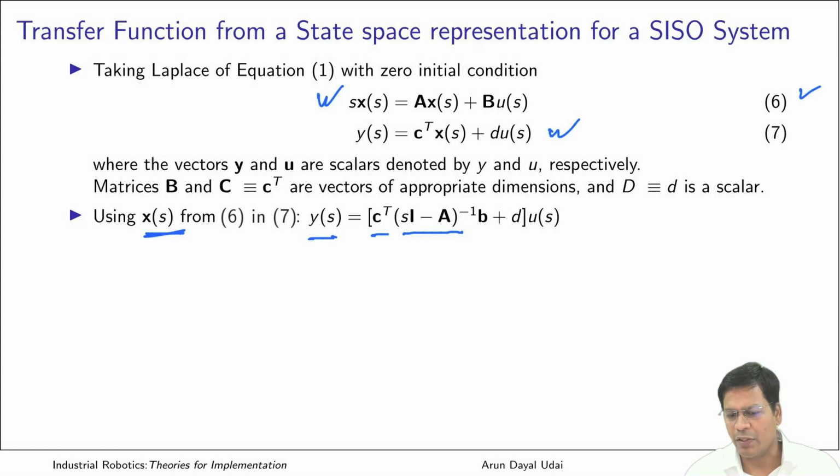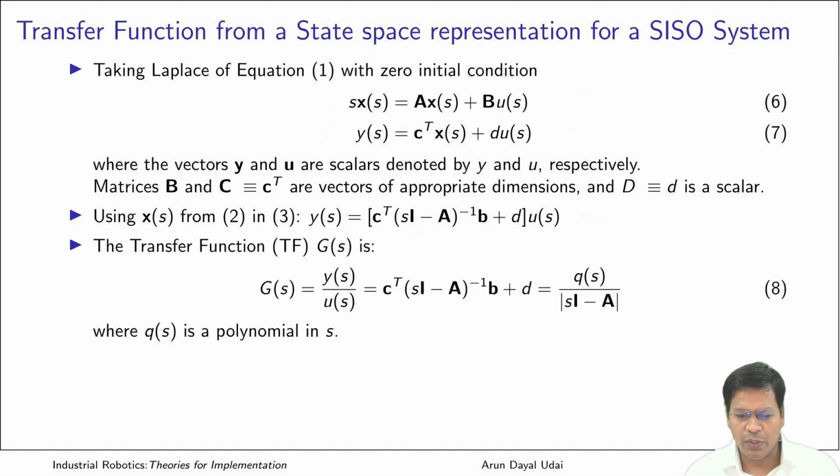So if it is second order, its diagonal elements are 1, the rest are all 0. Correct? So it becomes exactly this. You can try doing it yourself. Take out X(s) from here, substitute it here, and you will get this. So now you can relate your output and the input.